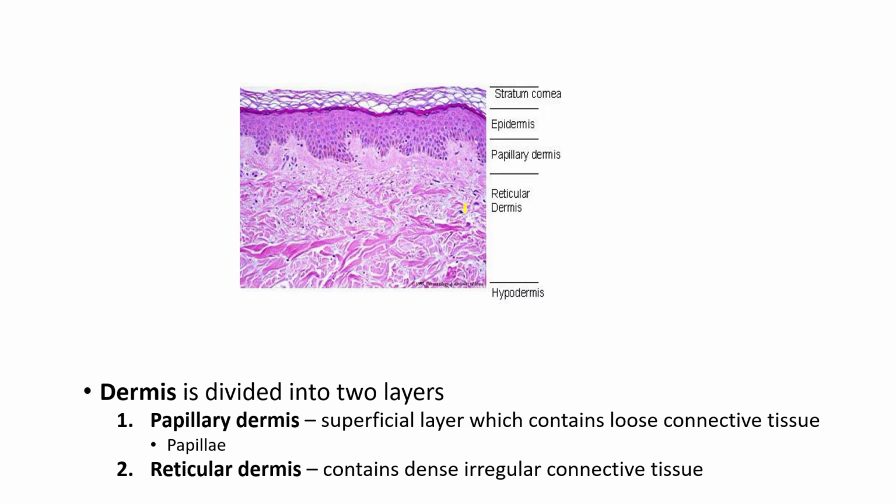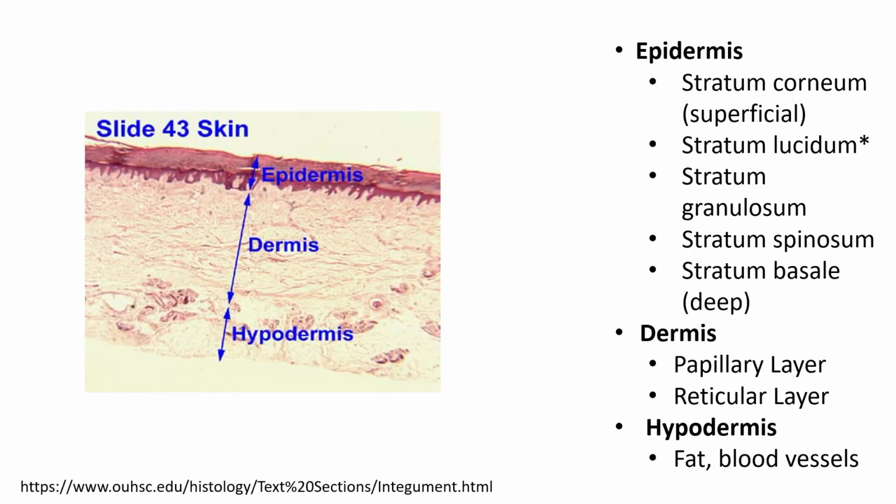It's actually kind of difficult to appreciate at this magnification, but we can see that the papillary layer has these finger-like papillae projections, and it actually is consisting of loose connective tissue, whereas the reticular dermis is dense connective tissue, and it's also irregular. So you can see the fibers of the reticular dermis going in many different directions.